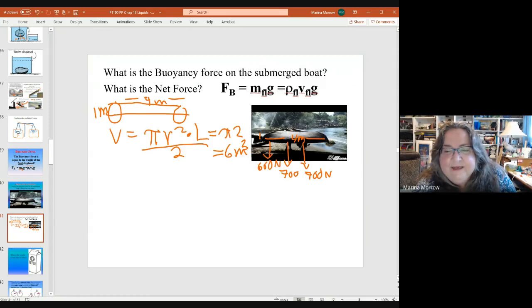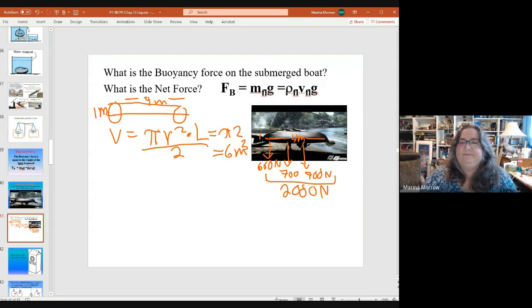And so altogether, the weight pushing downward, if all of these people are hanging onto the boat here, would be about 2,000 newtons. That's the force downward. Now, the force upward, of course, is the buoyancy force once they are in the water.